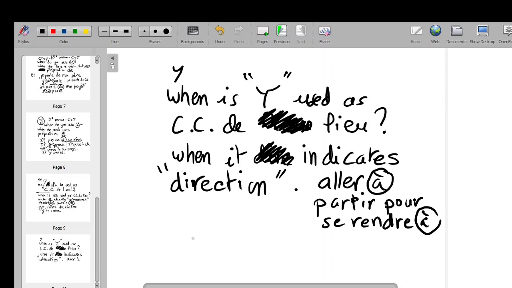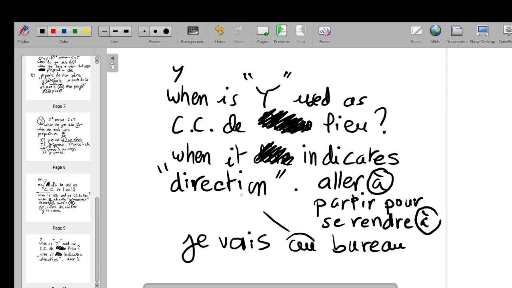So for instance, je vais au bureau. I go to the office. So au, of course, is a contraction of à le, so it counts. So je vais is the first person singular present of aller. So I go to the office. If you want to use a pronoun, j'y vais.